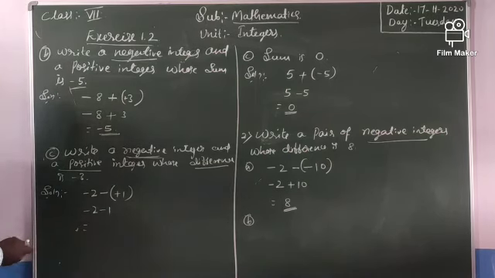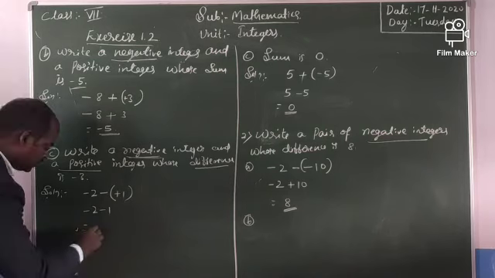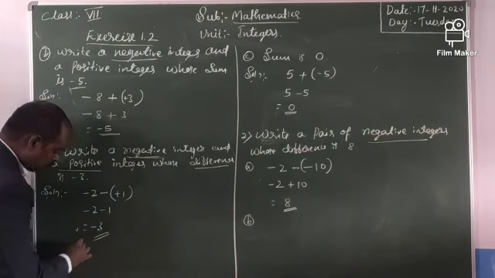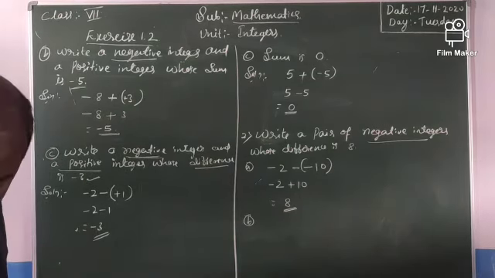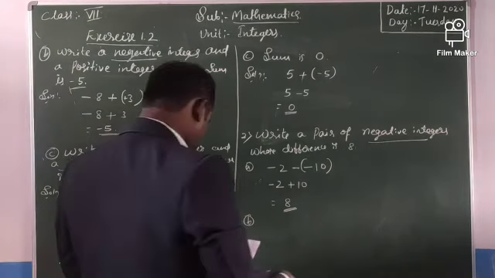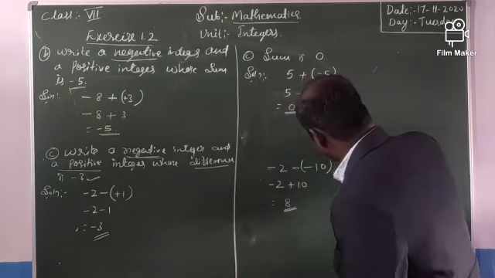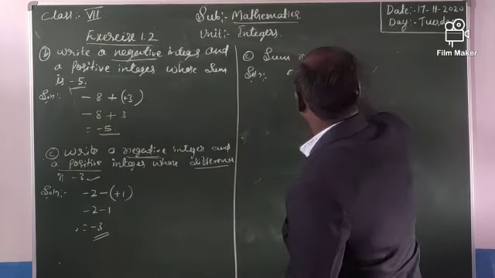Both numbers have negative signs, so write the negative as it is and add these two. 2 plus 1 is 3. Therefore, we got the answer. Okay. Next, we will go to another example. Hope you all copied this. Okay, fine.